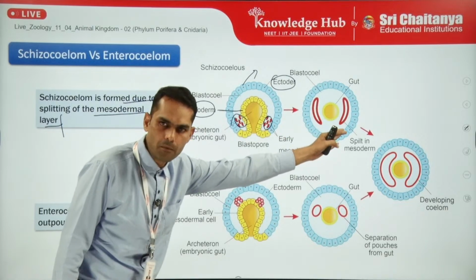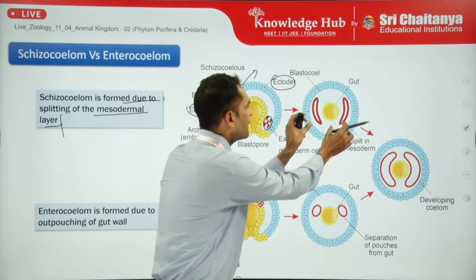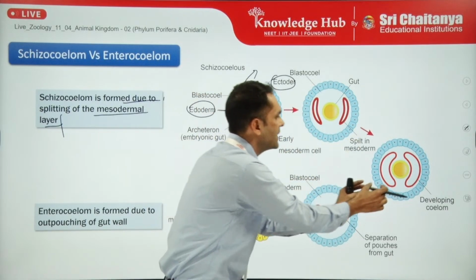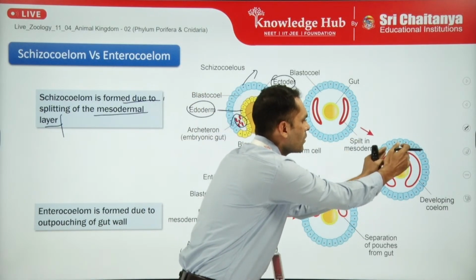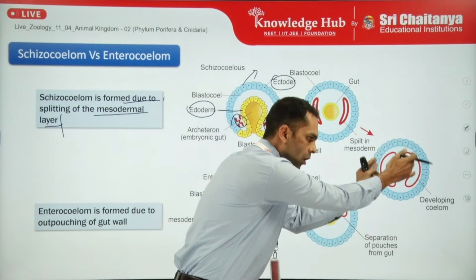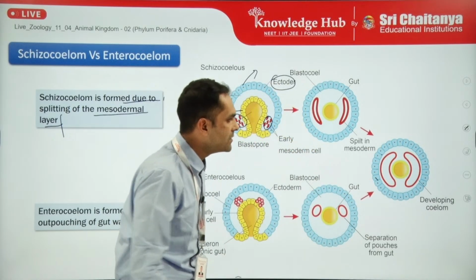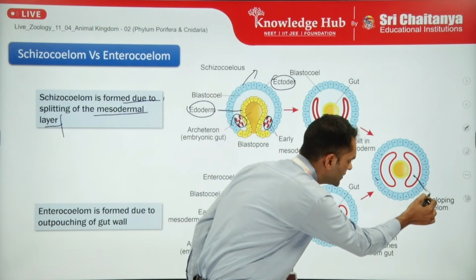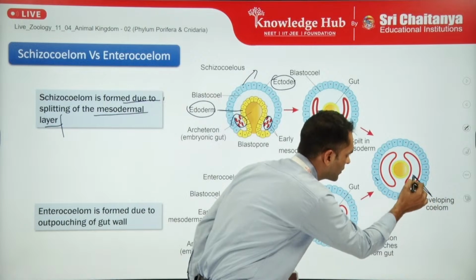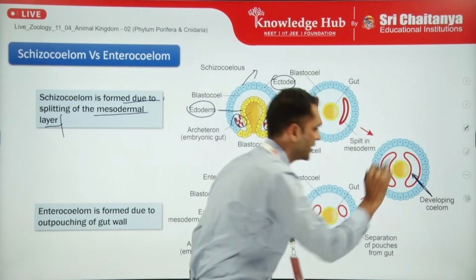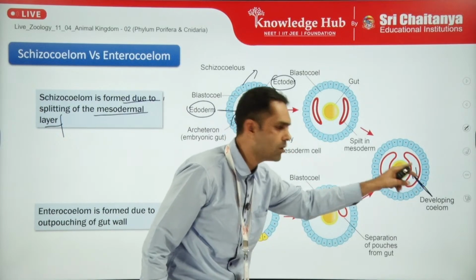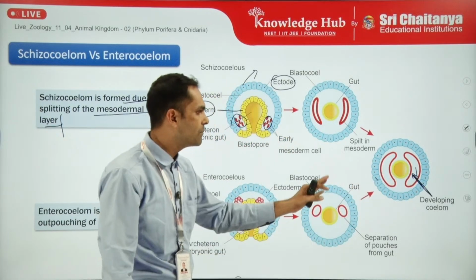Mesodermal pouches will form, and these pouches will further develop in this way, one from this side, other from this side, and they will completely enclose the full body cavity. Therefore this particular cavity, the developing coelom, is marked here. This is the developing coelom, not the arrow which was earlier indicating. So this cavity in actual is the coelom cavity. Fine. So this is one method.